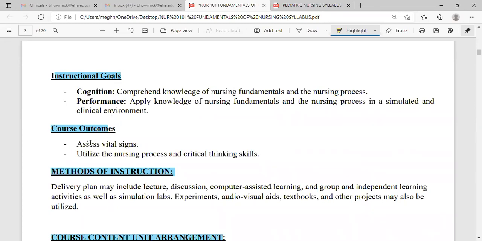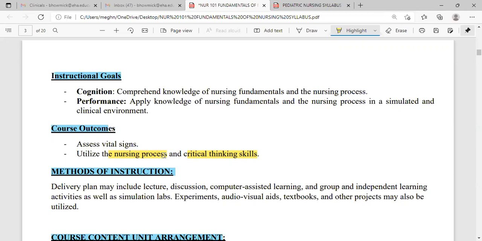Course outcome: assess vital signs, utilize the nursing process and critical thinking skills. So you see the nursing process. First of all, when a patient comes to us, we take the history, then we go for analysis.